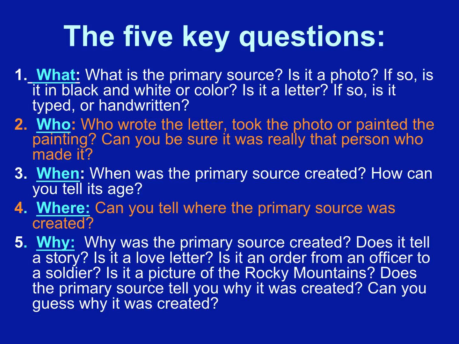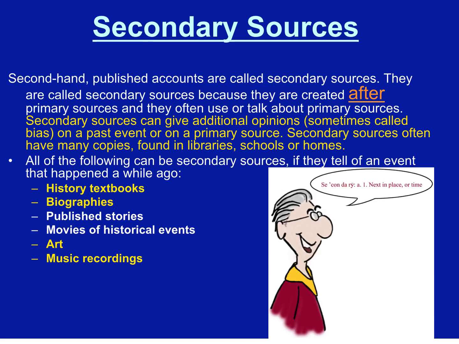that. Well, we've talked about primary sources a lot, but there are secondary sources. Secondhand published accounts are called secondary sources. They are called secondary sources because they are created after primary sources, and they often use or talk about primary sources.